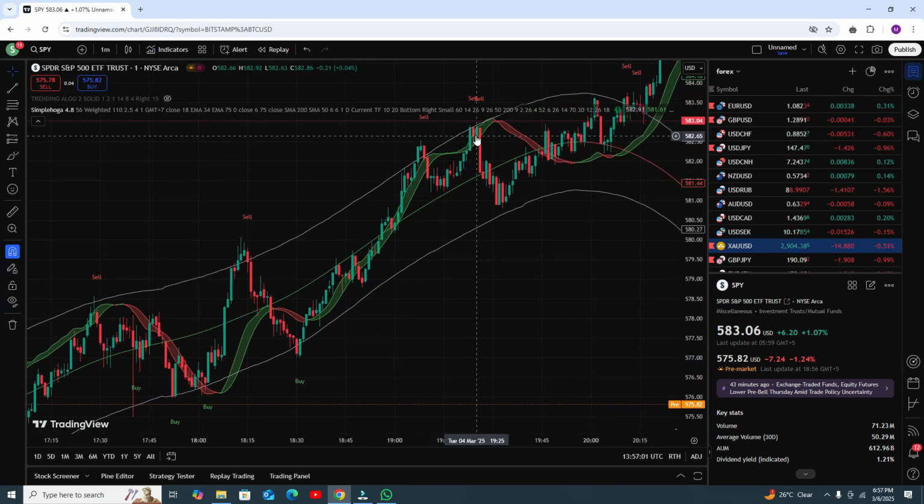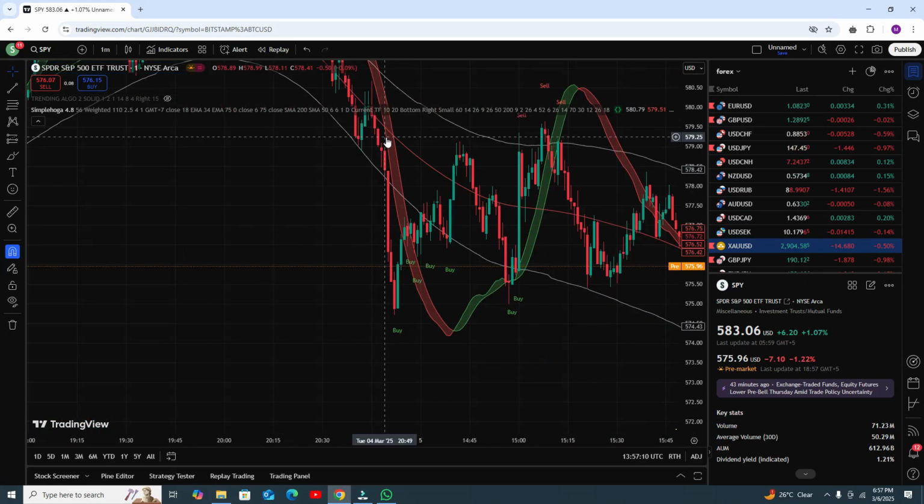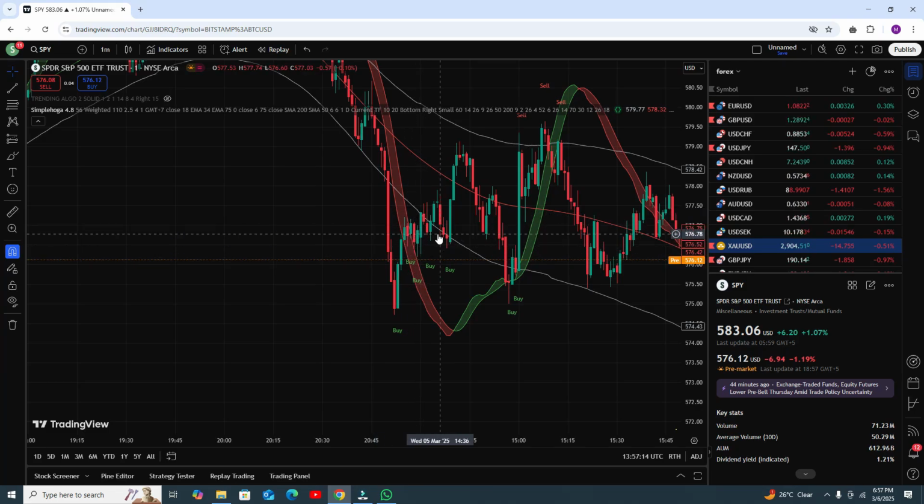Here the RSI is above the upper band line, and again above the upper band line. And here the RSI is again below the lower band line, and again above the upper band line. So these are our oversold and overbought conditions. You can see it clearly.